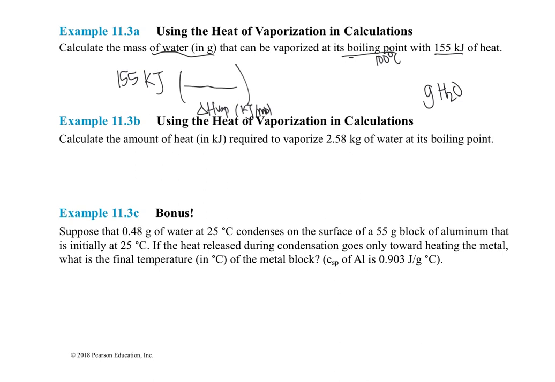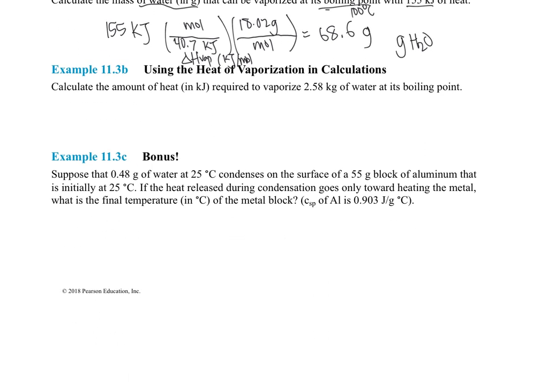For water, the value is 40.7 kilojoules per mole. Now I'm in moles of water, so I can use the molar mass, 18.02 grams of water per mole. That gives me 68.6 grams of water.